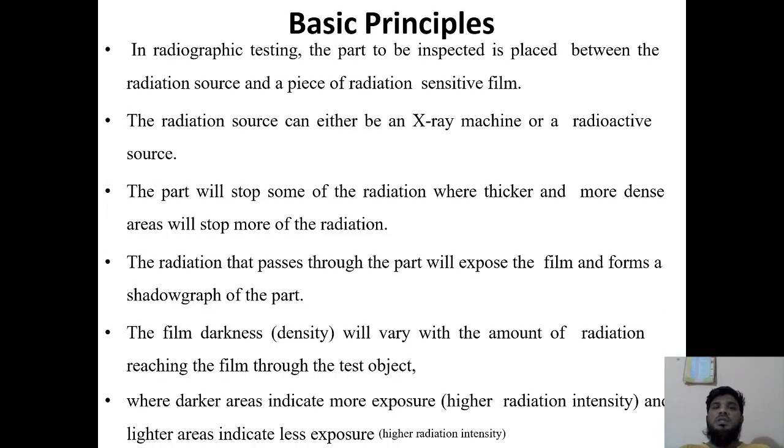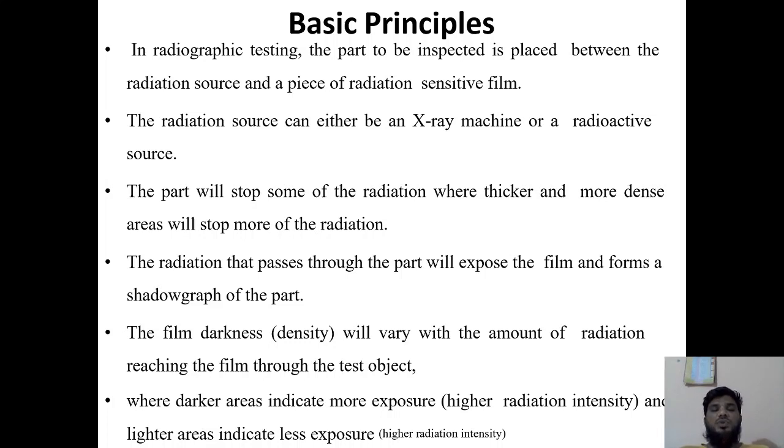So what is the basic principle behind this? In radiography testing, the part to be tested is exposed to radiation, and the radiation is made to fall on a sensitive film. Radiation sources like X-rays and gamma rays are generally used. The part will stop some of the radiation.